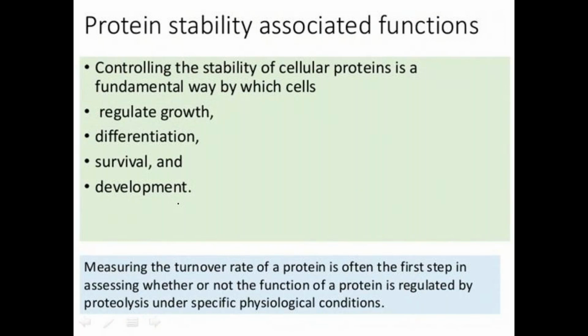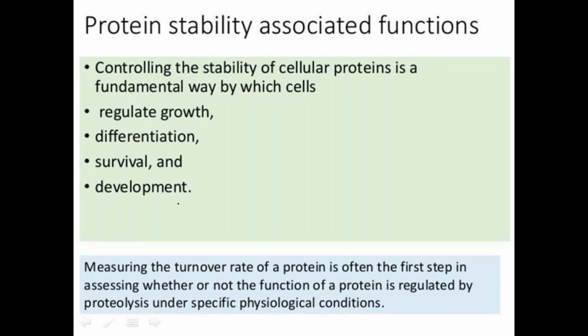And also, measuring the turnover rate of a protein is mainly used for assessing the function of protein, how it is utilized. You already know from metabolism about the turnover number of fat, turnover number of proteins.